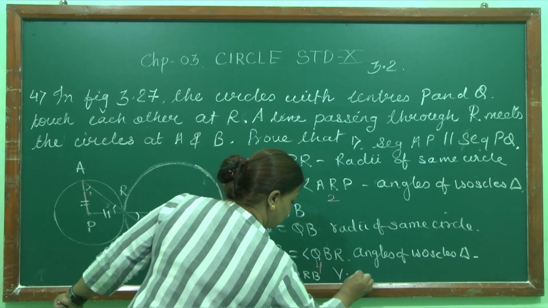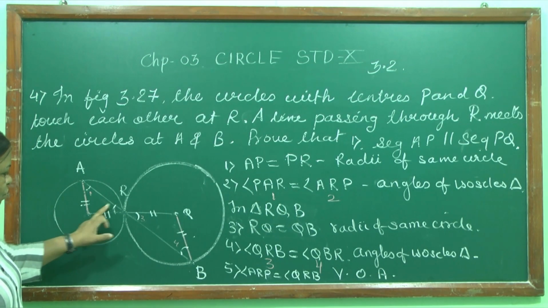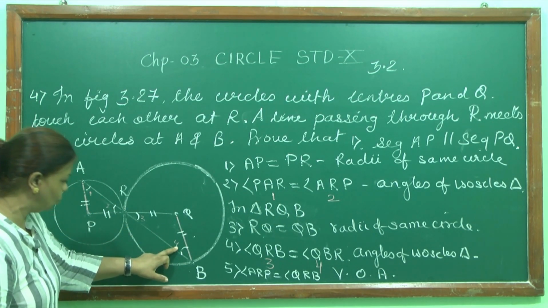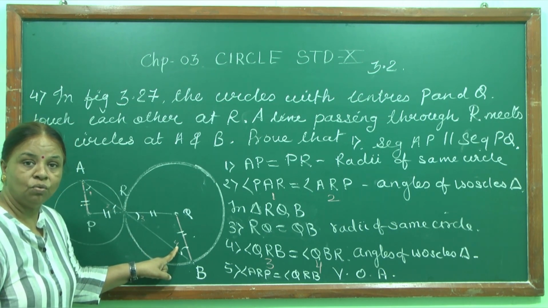Vertically opposite angle. So now see here, 1 is equal to 2, 2 is equal to 3 and 3 is equal to 4. So what about 1 and 4? 1 will be equal to 4.